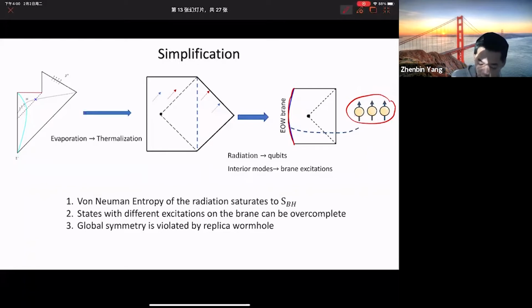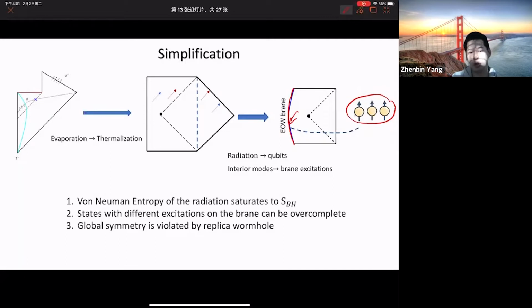The first, of course, is that the von Neumann entropy of the radiation saturates to S black hole. The second is that on this end-of-the-world brane, you can manually increase the species of the brane excitations, in particular such that it goes beyond e to the S black hole.